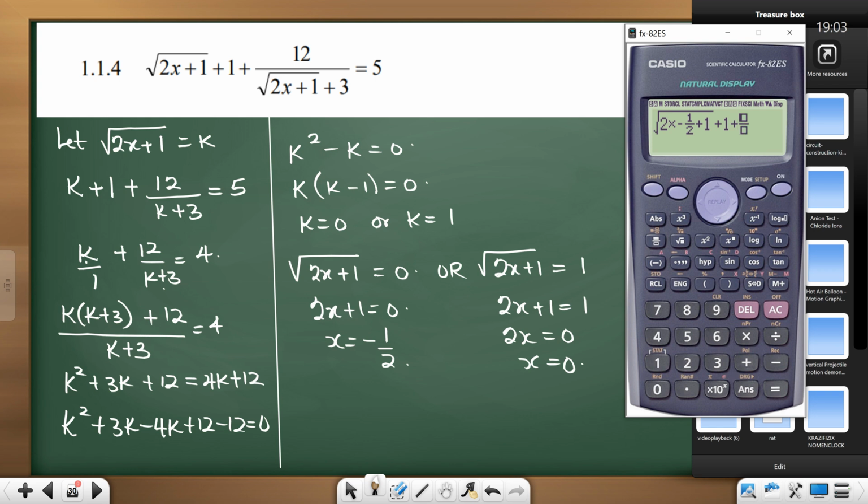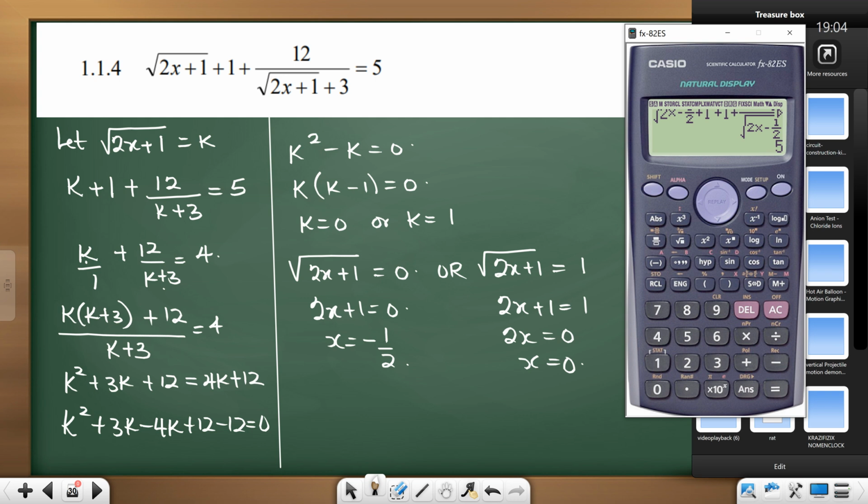Plus 12 over the root of 2 times negative 1 over 2. If I don't get 5, then I know this one would not work. Plus 1. Now, the plus 3 is outside. Check that. 5. So that one works.